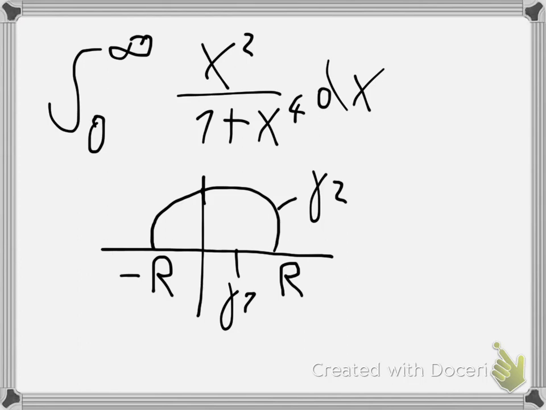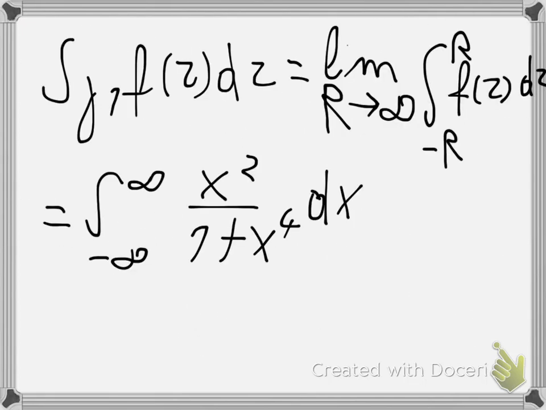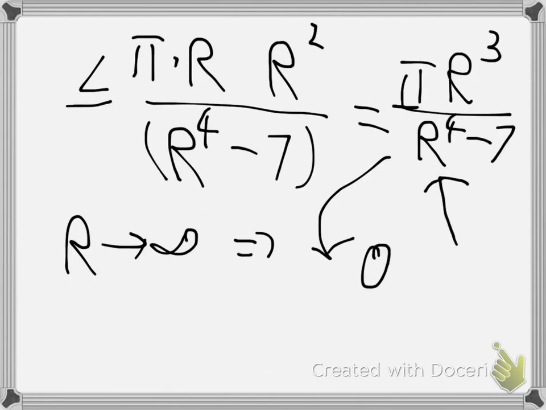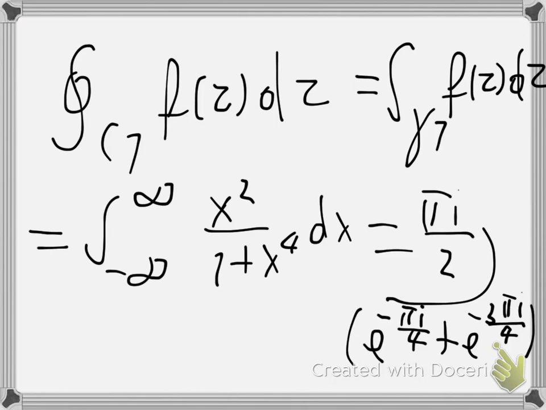And, oh, I made a mistake. It's the integral from 0 to infinity, not negative infinity to infinity. And so the only thing you have to do, in this case when it's from 0 and not negative infinity, is divide your final result by 2, because you just go from 0 to infinity and not negative infinity to positive infinity.